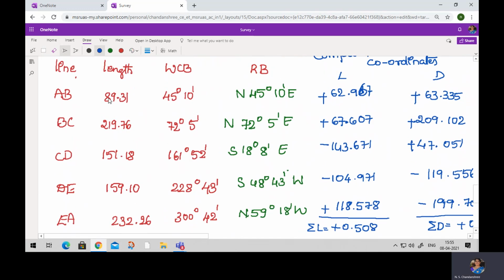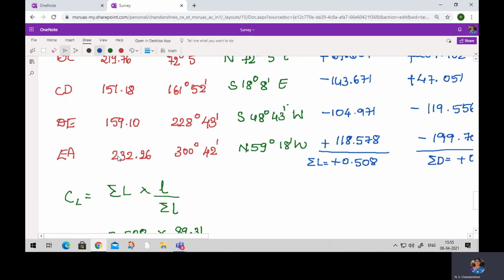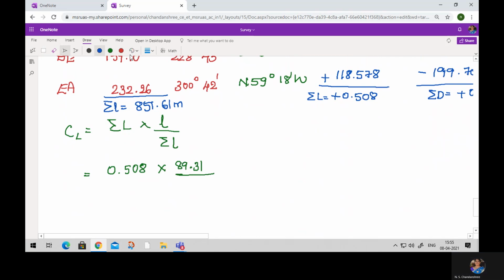When you add all these values from 89.31 to 232.26, we get the summation of small l, the perimeter, which equals 851.61 meters.